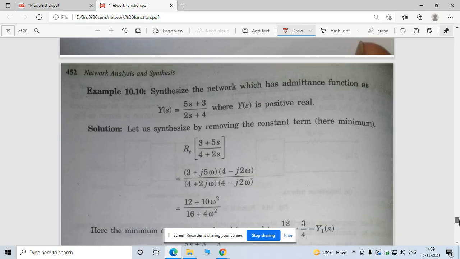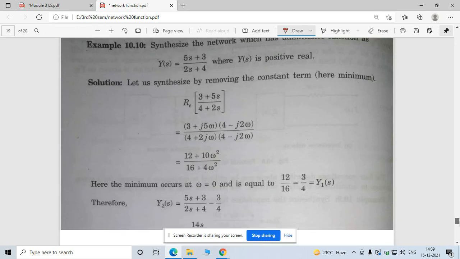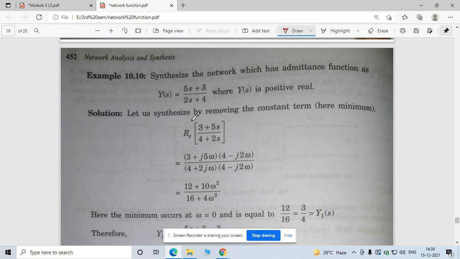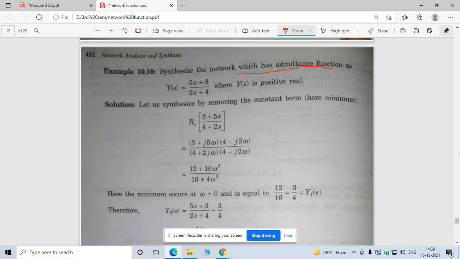Now, there is one more example. See here, this is a function. You have to synthesize the network which has this admittance function. You have to synthesize the network and draw the network. What are the components consisting of this? You have to find that out.